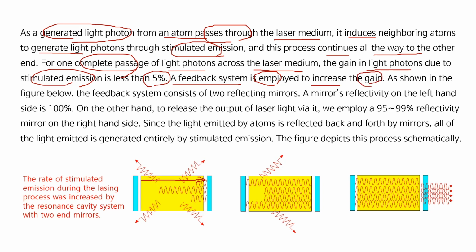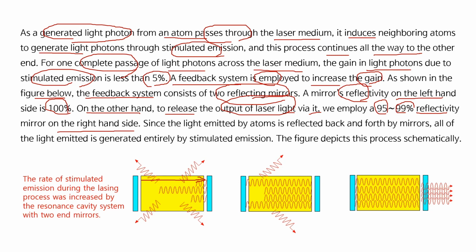As shown in the figure below, the feedback system consists of two reflecting mirrors. The mirror on the left-hand side has 100% reflectivity. On the other hand, to release the output of laser light, we employ a 95 to 99% reflectivity mirror on the right-hand side.